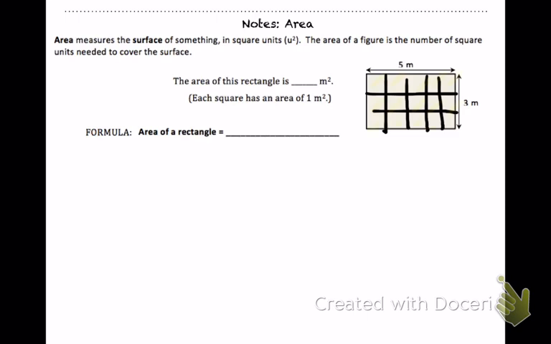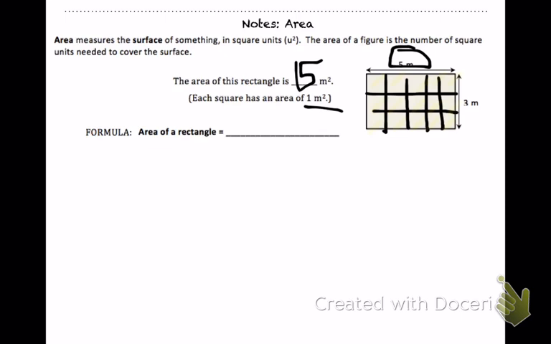So this rectangle would measure 15 meters squared. It's meters squared because the measurements are in meters. Remember, each square is worth 1 meter squared, so it's a total of 15 squares. So the area is 15 square units.